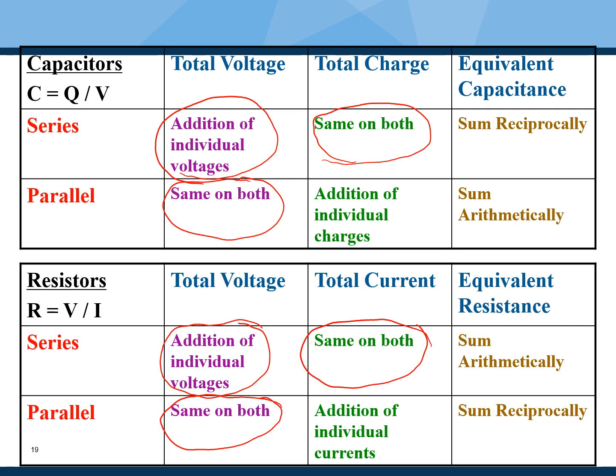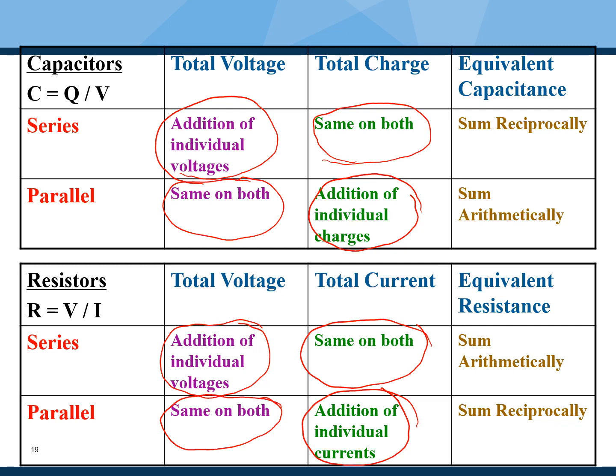However, when two capacitors are connected in parallel, the total charge that you can draw from that configuration is in fact the addition of the individual charges on each of the two capacitors, and the total current that you can draw from resistors that are connected in parallel is actually the addition of the individual currents across the two resistors.